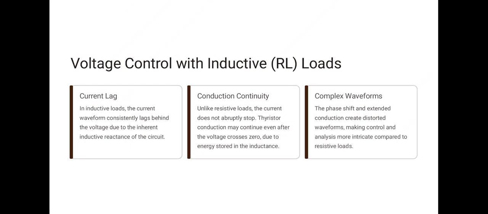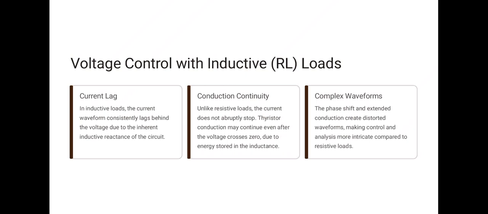Voltage control with inductive loads. Current lag: in inductive loads, the current waveform consistently lags behind the voltage due to the inherent inductive reactance of the circuit. Conduction continuity: unlike resistive loads, the current does not abruptly stop.